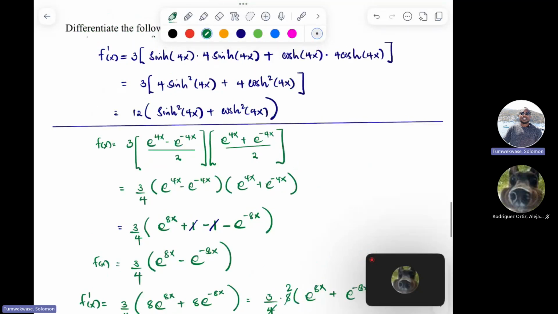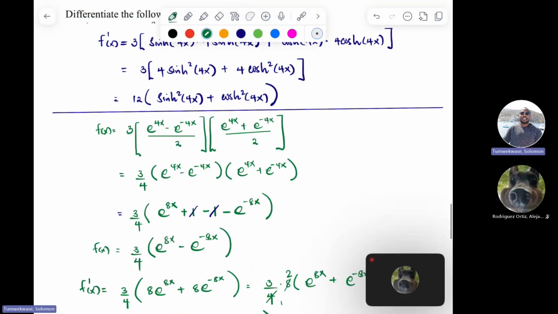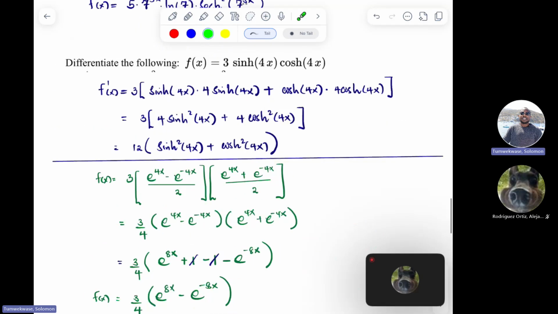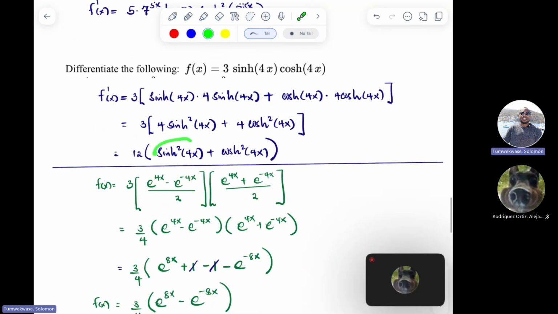And we should be able to determine, if I continue and simplify this guy here, I should be ending up with exactly the same answer. Remember this guy here, when I square it, it is e to the 4x minus e to the negative 4x over 2, and I square the whole of it.